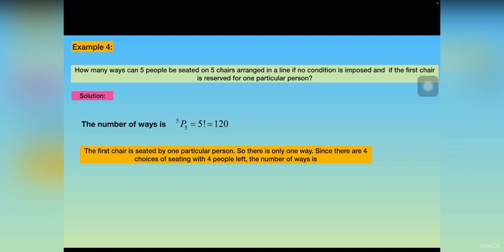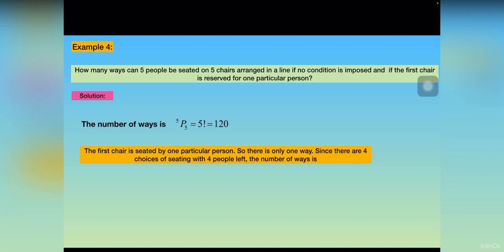Then to answer the second part, if the first chair is reserved for one particular person, the first chair is seated by one particular person, so there is only one way.